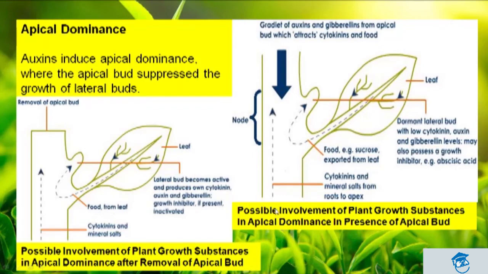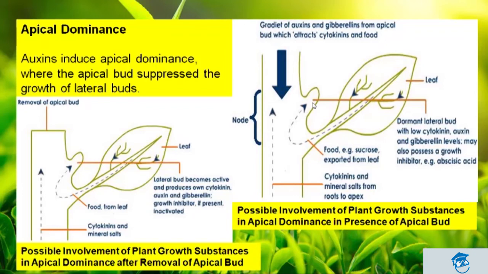That means from the root, all cytokinin hormone and mineral salts, food, all go to the apical portion, which regulates further growth. And this is the dormant lateral bud, because the apical bud is present, so this remains in the dormant position with a low cytokinin content. Cytokinin, as I told you, is responsible for cell division.